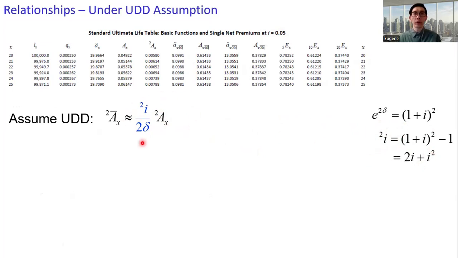And therefore, this expression can be rewritten as 2i plus i squared over 2 delta, and then times the second moment of A_x.